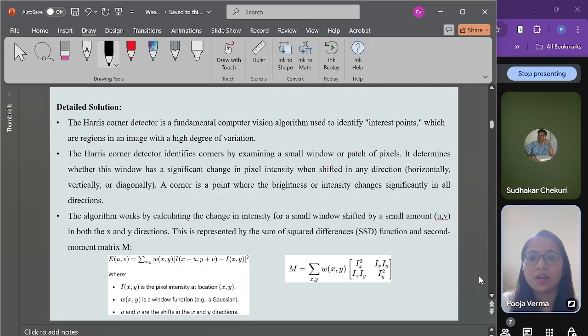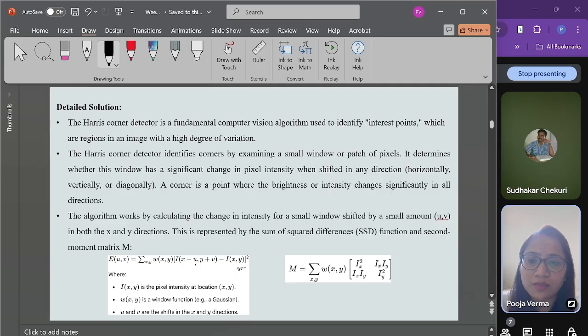So the algorithm calculates the changes in intensity for a small window shifted by a small amount u or v in both the x and y directions. The Harris corner is represented by a sum of squared differences, that is SSD, also called E(u,v), and a second moment matrix if we want to represent it in matrix form. So this is the representation for the Harris corner detector: E(u,v) equals the sum over x,y of w(x,y) times the squared difference.